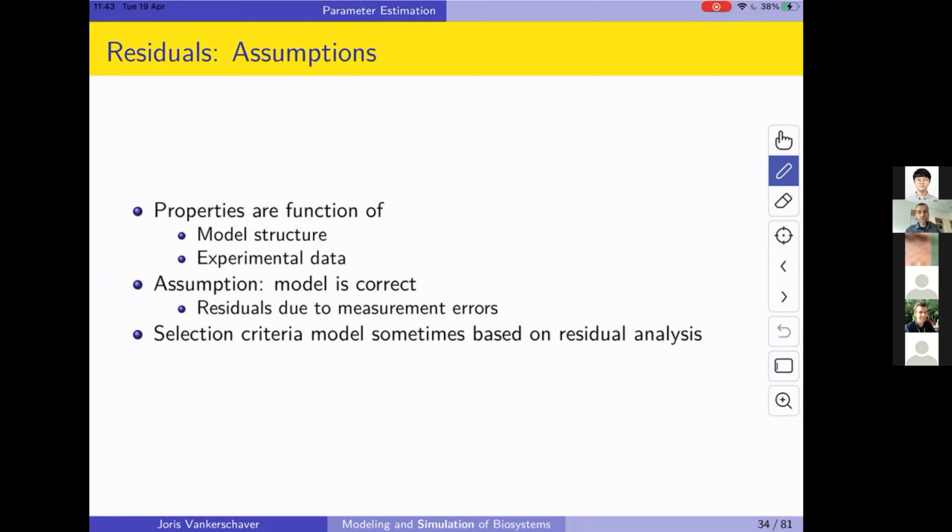Some of the selection criteria for different models, and we'll see this later on, but this was also already the case for linear analysis, depend on looking at the residuals. You remember from the output of a linear regression analysis, we also looked at the distribution of the residuals to figure out: do I need to include more terms in my model, or does it look like random noise?